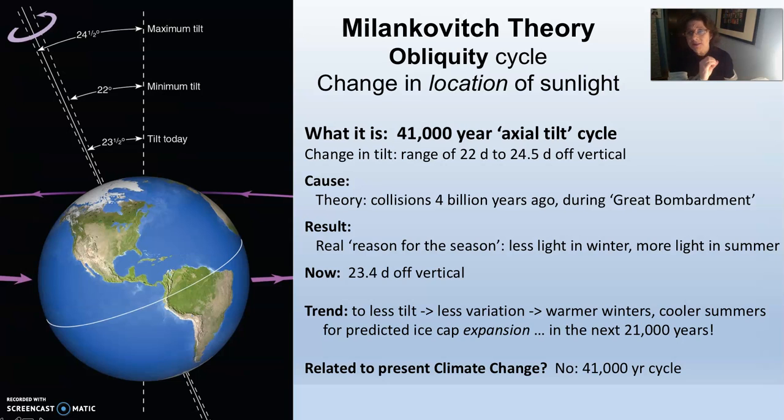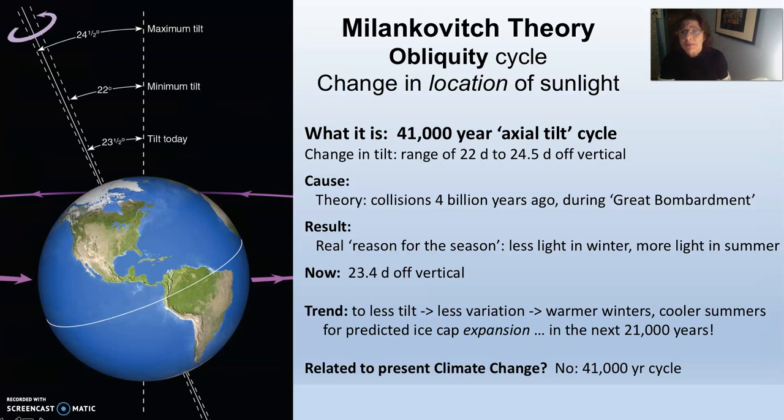Now, the original cause of that is theorized to be a literally massive collision 4 billion years ago after the formation of the Earth, during what's called the Great Bombardment of debris from the formation of our solar system. And that massive collision threw off the axis of the Earth from vertical.